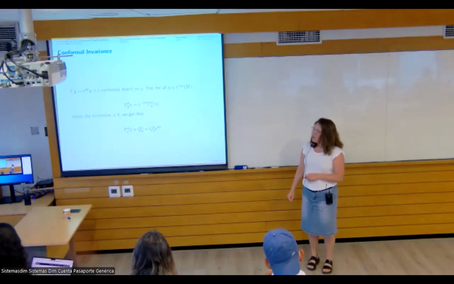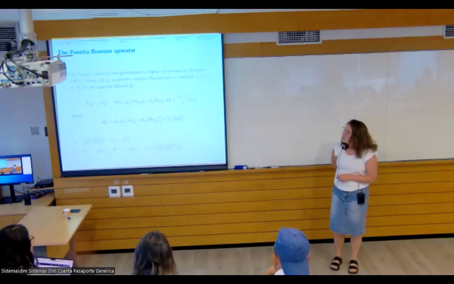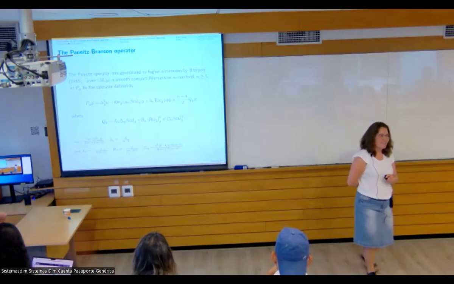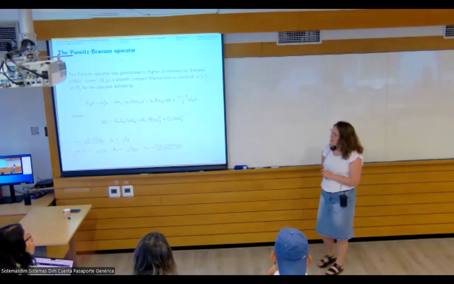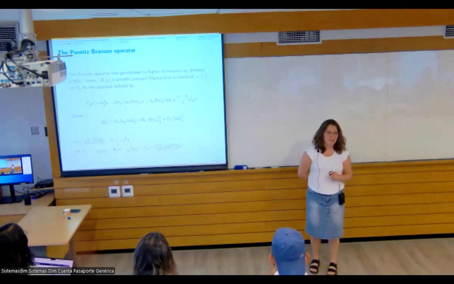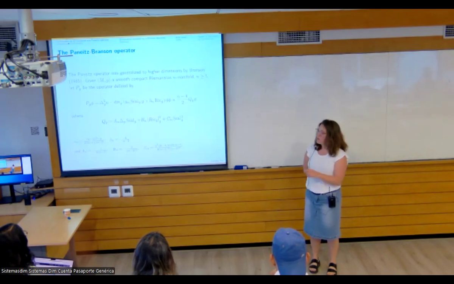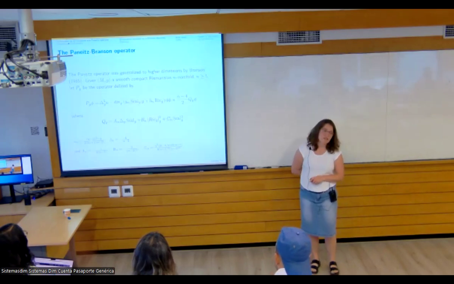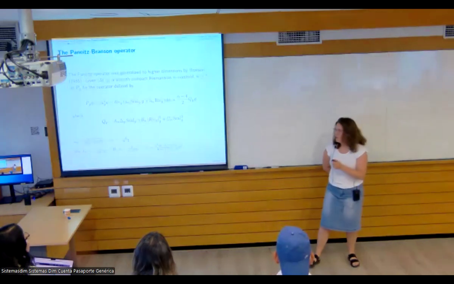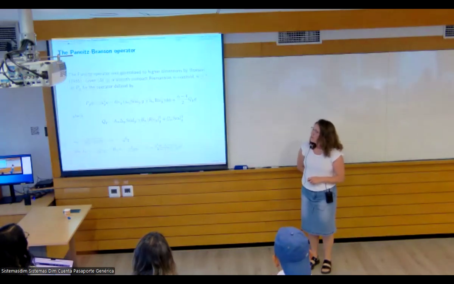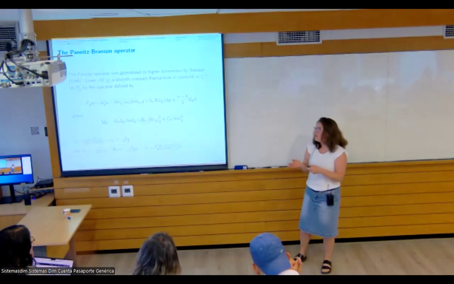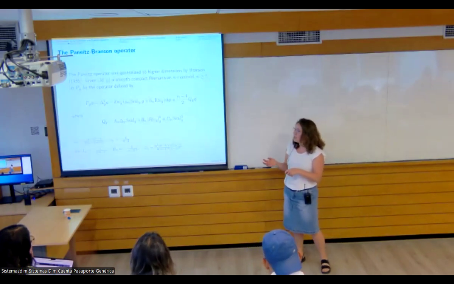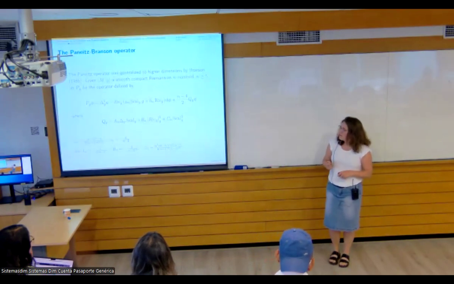So now we are trying to see if this happens in higher dimensions. For dimension bigger than 4, Branson, 2 years after Paneitz, defined these quantities. The Paneitz operator in dimension bigger than 4 is very similar to the 4-dimensional case, but now we have an extra term which involves a new Q-curvature for dimension bigger than 4.